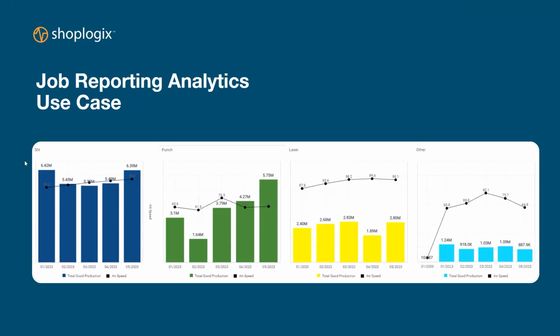The other thing is, we've focused here on speed a little bit. For folks who are familiar with Shoplogix, you've also been doing a lot of downtime entry. So now you can slice and dice your downtime. Instead of doing your downtime Pareto by shift, or by day or by month, you can say, I want to break out my downtime Pareto for the month, but I also want to see that broken out by job. In other words, show me the top 3 downtimes for each job or each filter I ran.